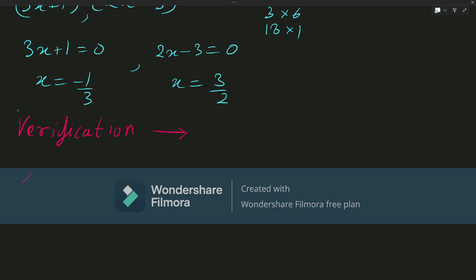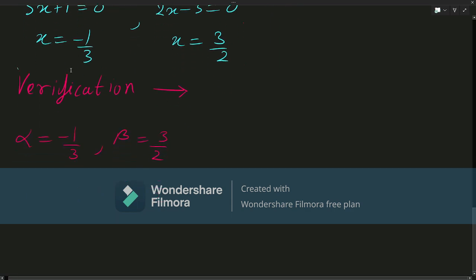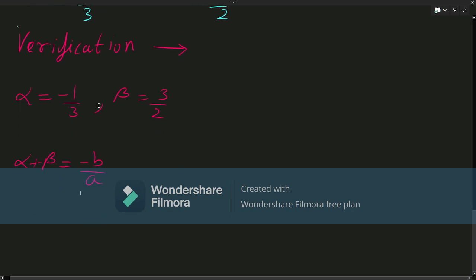Now for verification, alpha equal to minus 1 upon 3, beta equal to 3 upon 2. Okay. Now what we learned, that alpha plus beta equal to minus b upon a. Right. Now let's take the polynomial here: 6x square minus 7x minus 3.